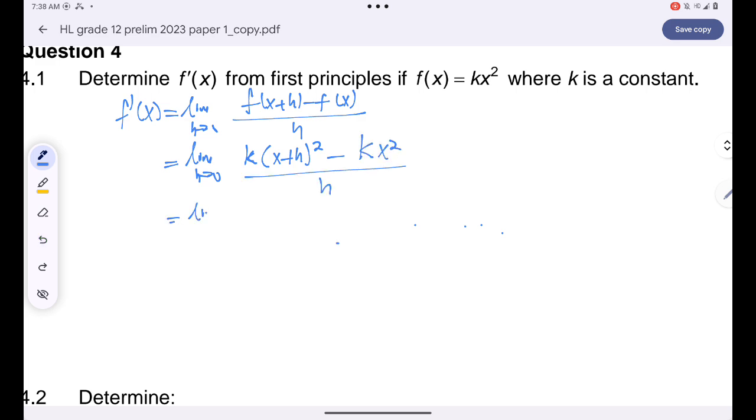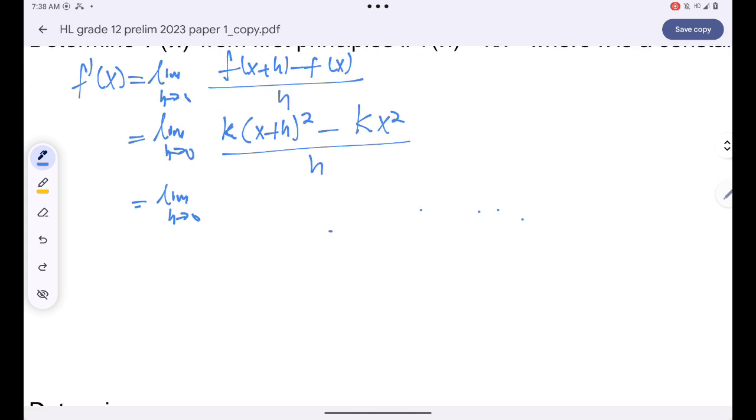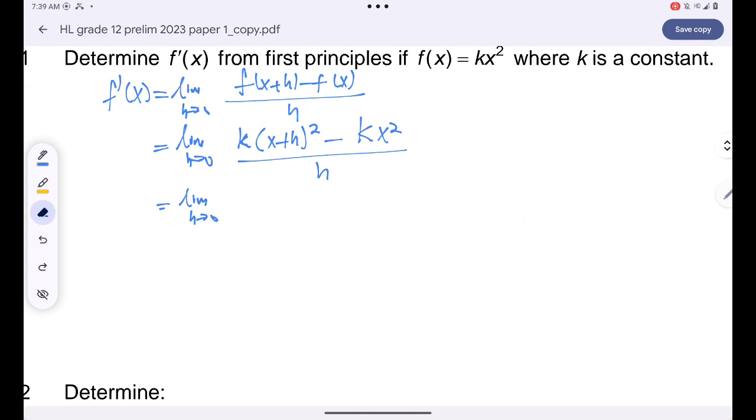There's a limit as h approaches 0, and if I remove the brackets, I'll be left with k x squared plus 2 k x h plus k h squared minus k x squared all over h.